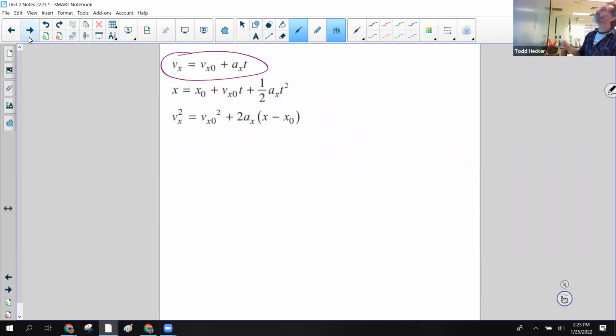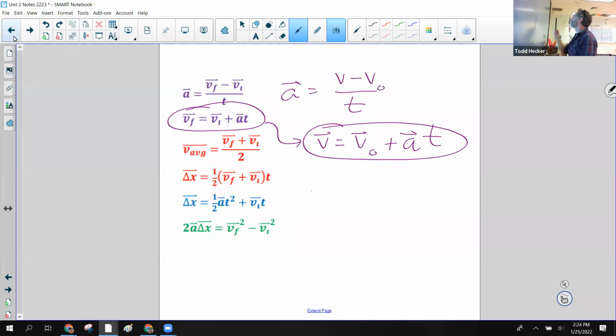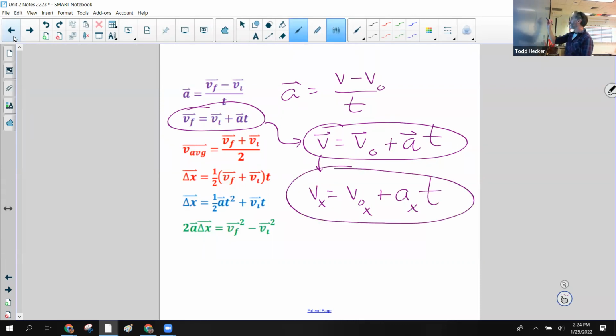And one other thing. The way these are written is they're saying, all right, let's assume that this is all taking place on one axis. Okay. So for a given axis, the velocity on that axis at some time is equal to the starting velocity on that axis plus the acceleration along that axis times the time. So all of these little x's are just indicating that for a given dimension, that's how you find the velocity at time t.